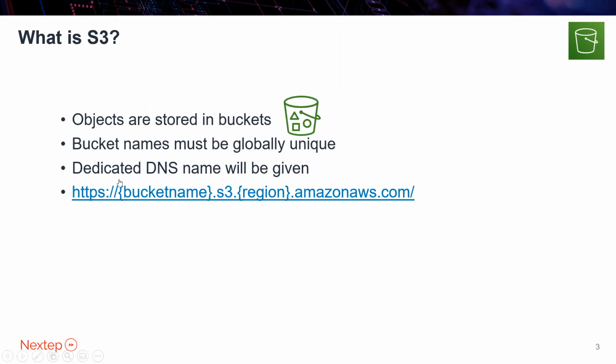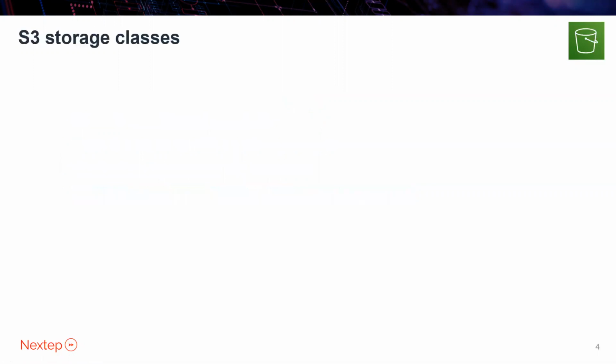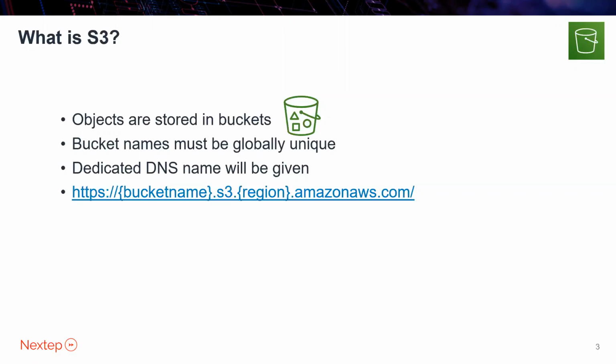This will be your bucket URL. That's where all of your objects are stored. It's an HTTPS URL. And using your REST APIs, you will be able to store the objects into that. You will be able to get the objects. You can do an HTTP GET, you can do an HTTP PUT, all of that.